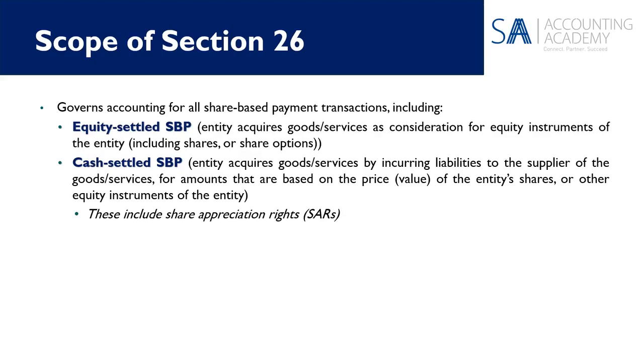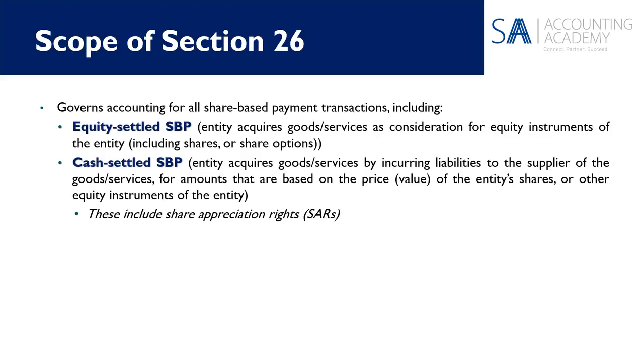This means that the credit side is not equity; the credit side is a liability. Compare that to equity settled, where the credit side is equity, so reserves are created until share capital can be issued. With cash settled transactions, the credit side is a liability.